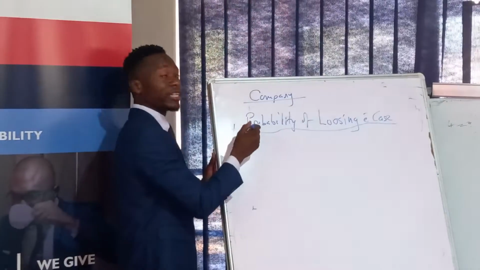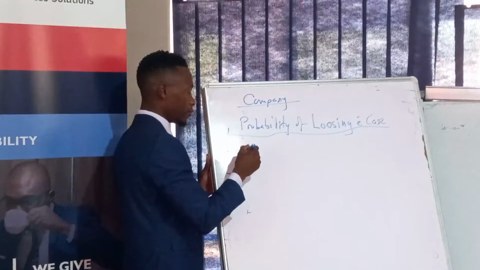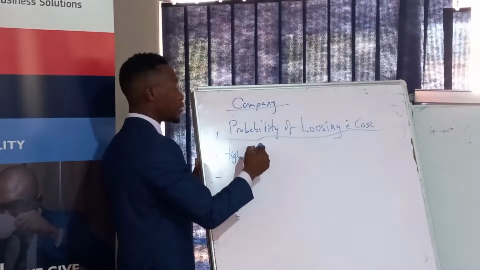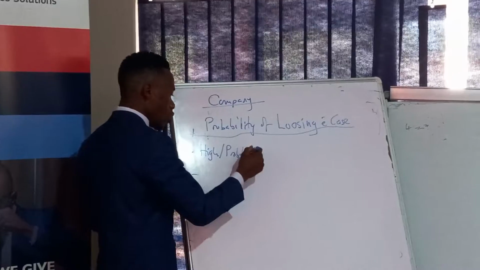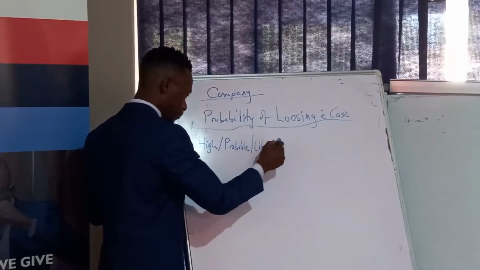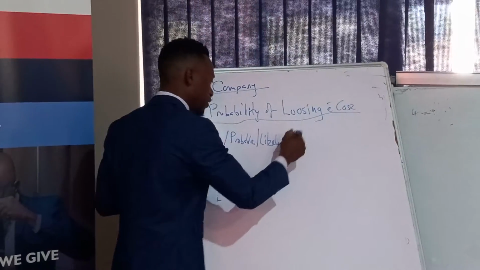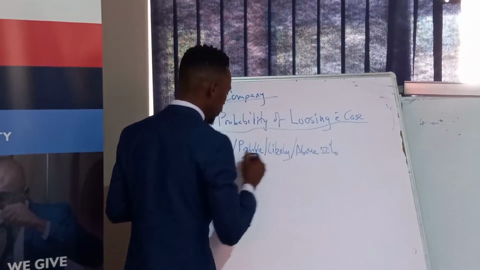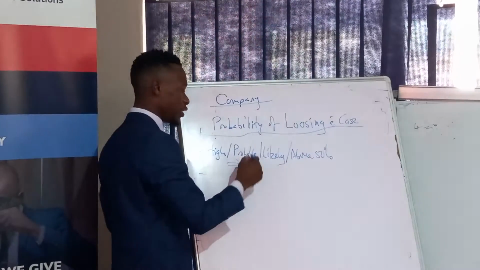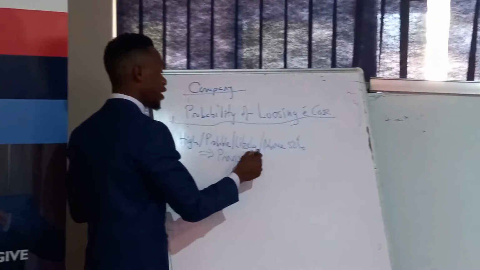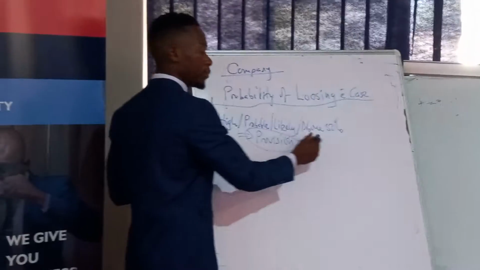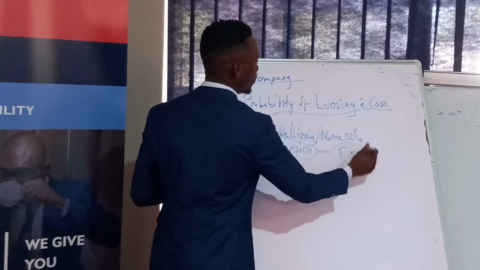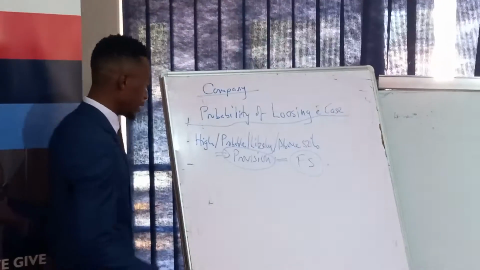If the probability of losing is high, or we say if it's probable, if it's likely, or if it's above 50%, then we recognize in the books a provision. And the provision will be recognized in the financial statements, right?